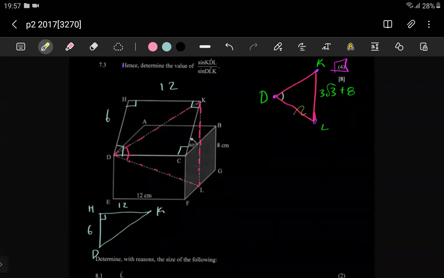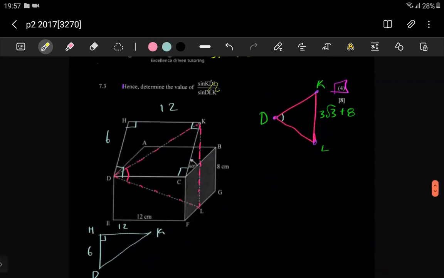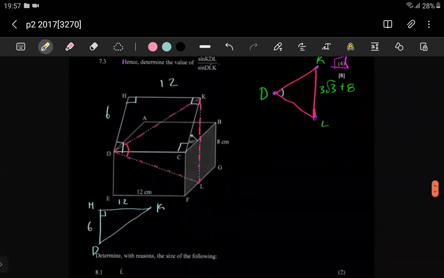And it looks like before we can even worry about getting an expression here, we definitely need more information. The only piece of information we can get for now is the length of DK, and it looks like Pythagoras theorem is going to save us.